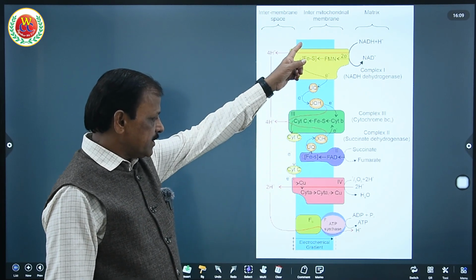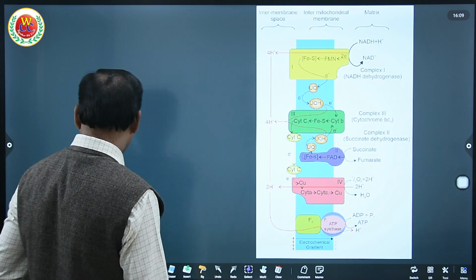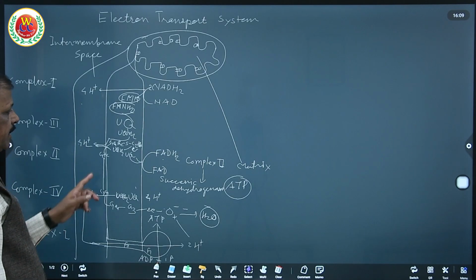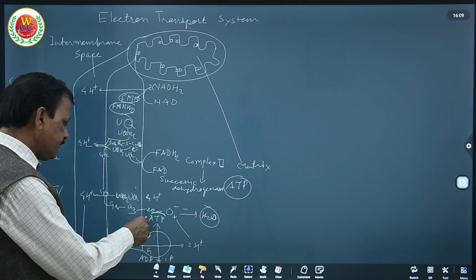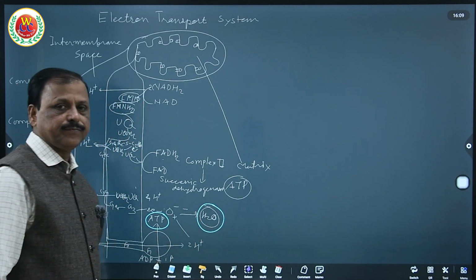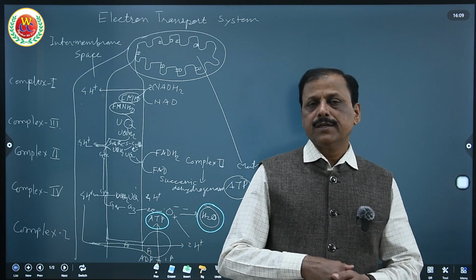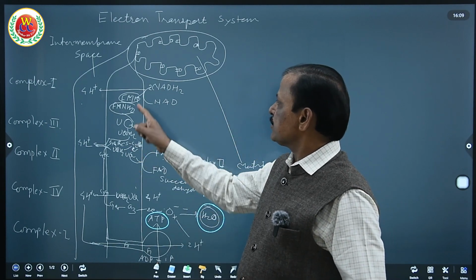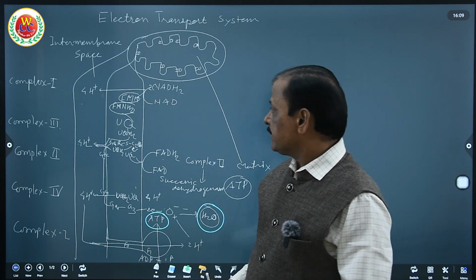So here is the electron transport system which is given in your book. I explained the same over here to give an understanding of how energy is produced during the electron transport system, and the byproduct is water. So it is clear that the electron transport system is located in the inner membrane of the mitochondria.